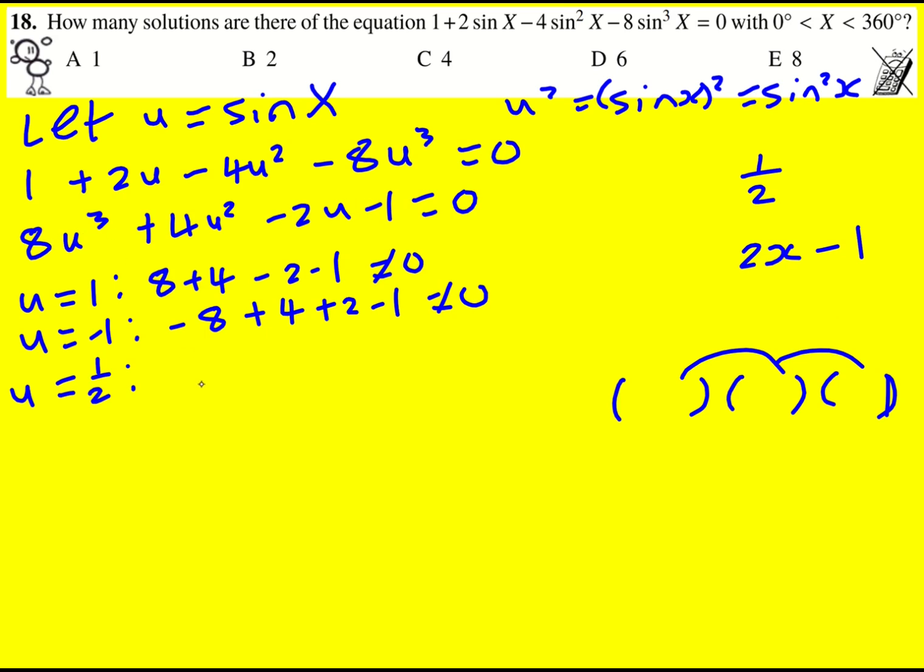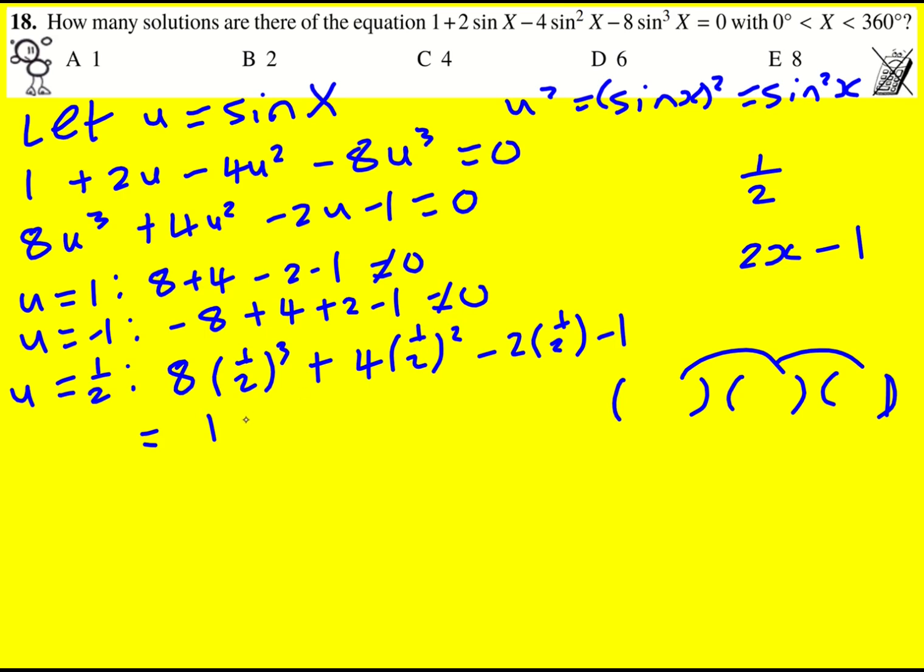So 8 times a half cubed plus 4 times a half squared minus 2 times a half minus 1. Right, and now this is going to equal 1, and then half squared is a quarter, so plus another 1. But then we're minusing 1 and minusing 1, we are going to get 0. Brilliant.